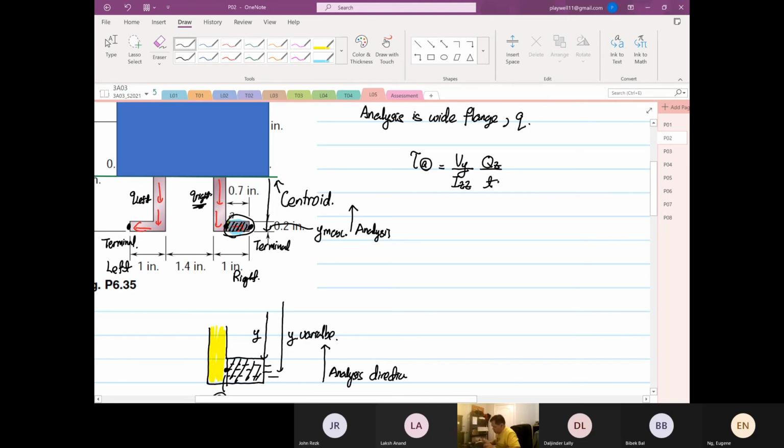We know t is equal to 0.2 inches. t is not 0.7, because the thickness is perpendicular to the shear flow. I repeat, the thickness is perpendicular to the shear flow. So now we no longer need to find Vy, we need to find Qz.